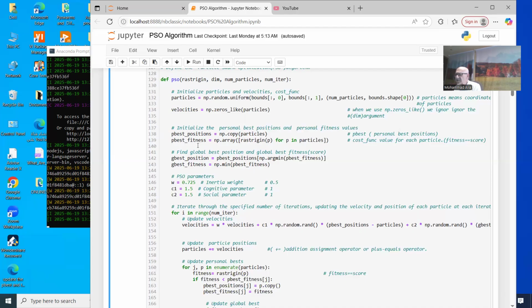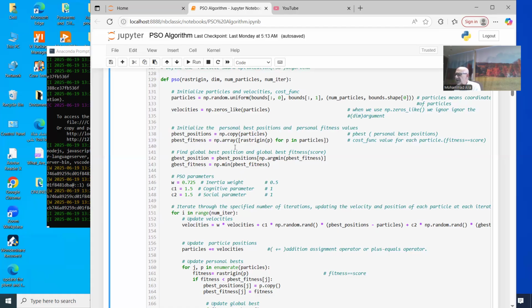What is the personal best fitness? It is the values of the positions passed to the objective function where it is evaluated and gives numbers, and these numbers are the fitnesses, a fitness for each particle.